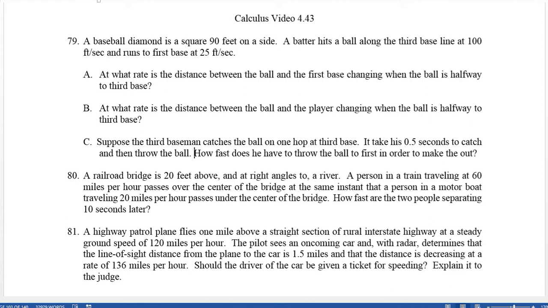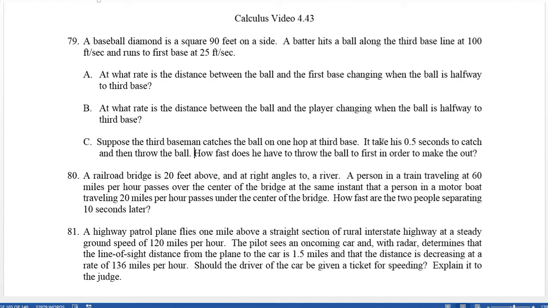And question number 81, a highway patrol plane flies 1 mile above a straight section of, say, rural interstate highway at a steady ground speed of 120 miles per hour. The pilot sees an oncoming car with radar, determines that the line of sight distance from the plane to the car is 1.5 miles and that the distance is increasing at a rate of 136 miles per hour.